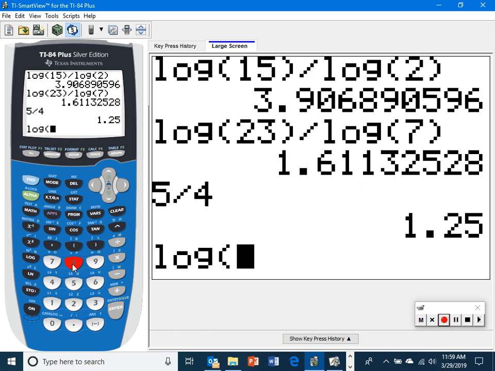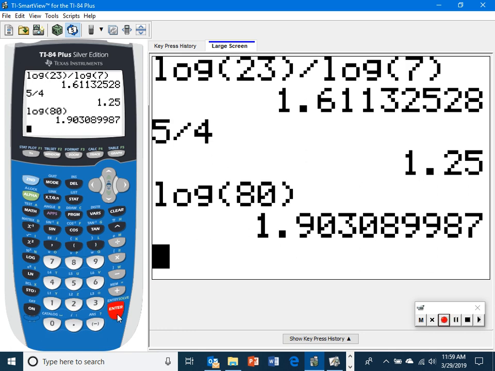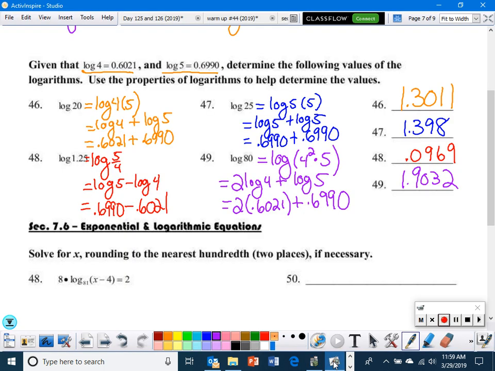Like log 80, it's already base 10. There you go. All right, but this is just showing you how we can use a substitution and rewriting our logs so that we can solve them in another way. If you use the calculator, that is perfectly fine, especially since it's already in base 10. Okay, that's it for chapter 7.5.